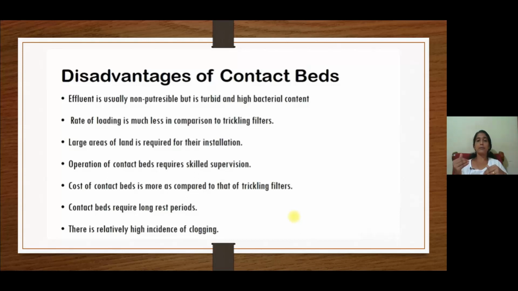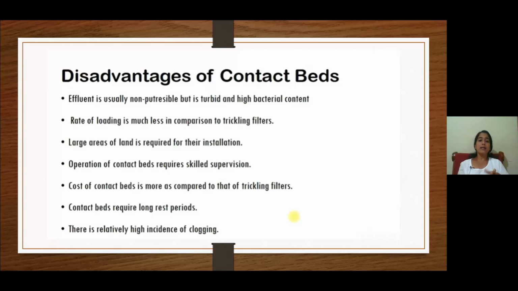If we are connecting 2 to 3 contact beds in series, then we require more area. And for a single contact bed itself, the total surface area will be less than 2000 meters square, and 3 to 4 contact beds means a large area is consumed due to the construction of these contact beds.